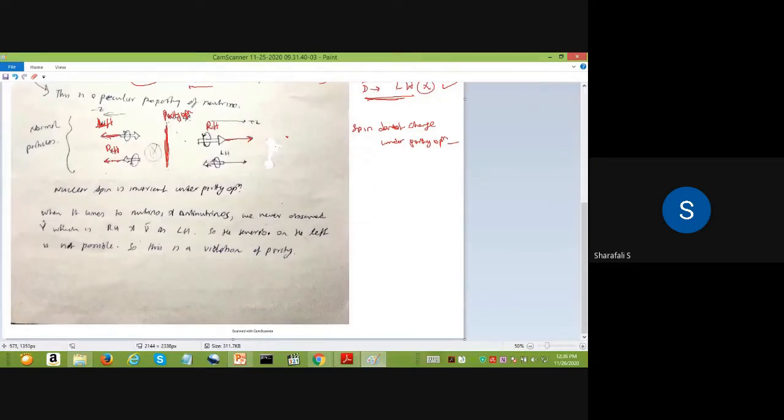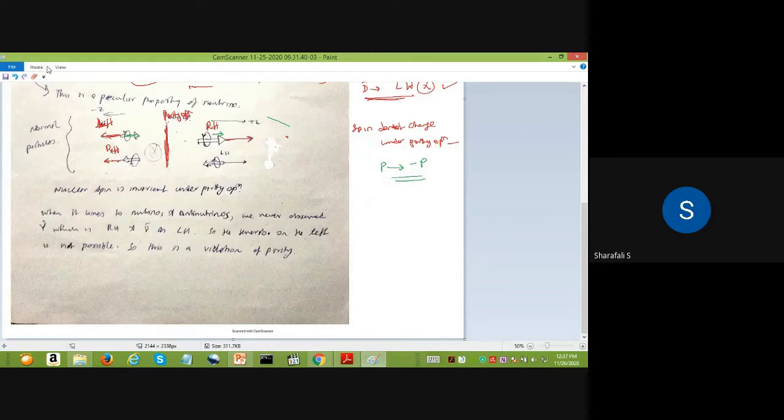This is pointing in this direction, so it will point in the same direction. Okay. So spin will not change. In here, spin is pointing this direction. So here also spin is pointing this direction. But the momentum will change. Momentum direction will change because momentum will become minus p under parity operation. So that direction will change.